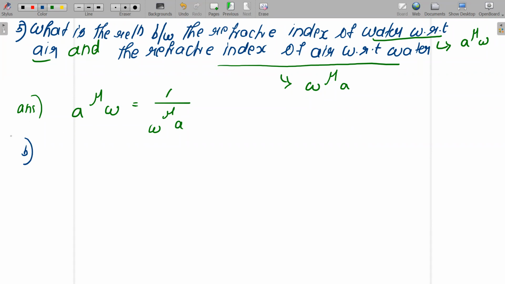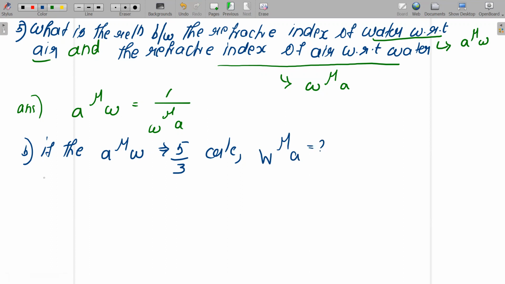Right, B question. If A mu W is 5 by 3, I'm just converting the question into this format. Calculate W mu A. Very easy, right?